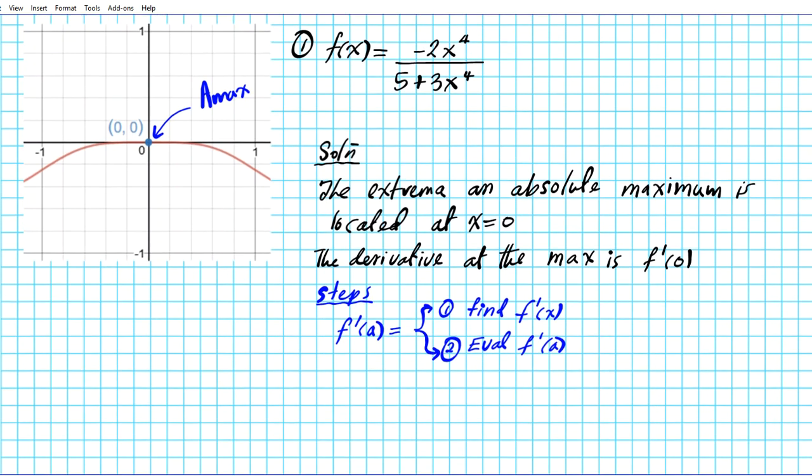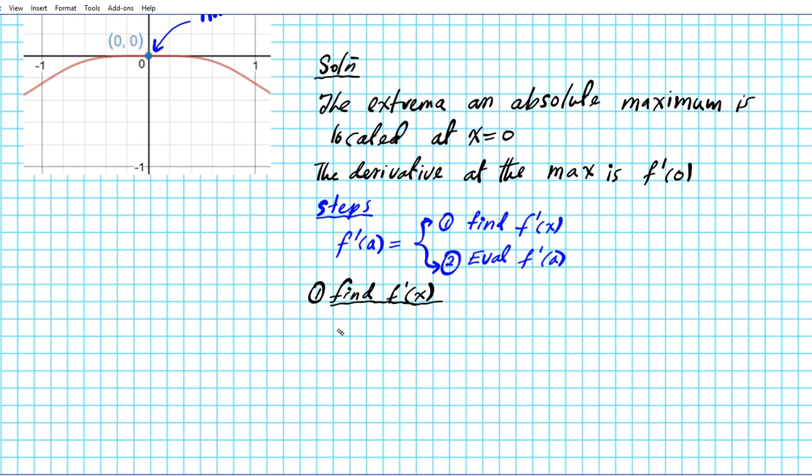Let's start off with part 1. We want to find f prime of x. The function that we have, f of x, is given by negative 2x to the fourth over 5 plus 3x to the fourth.